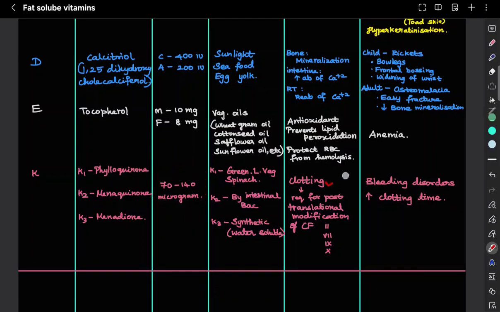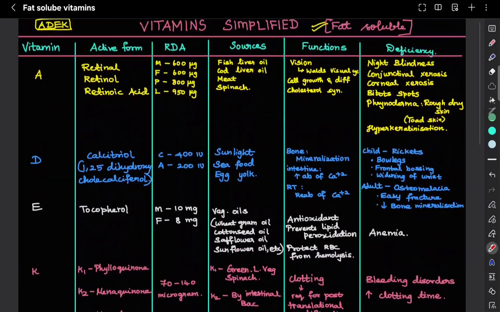The main function of vitamin K is clotting, and it is required for the post-translational modification of clotting factors 2, 7, 9 and 10. Now, since the function is clotting, then the deficiency will cause improper clotting. So clotting time will increase and excessive bleeding will be there. So it causes bleeding disorder and increased clotting time.